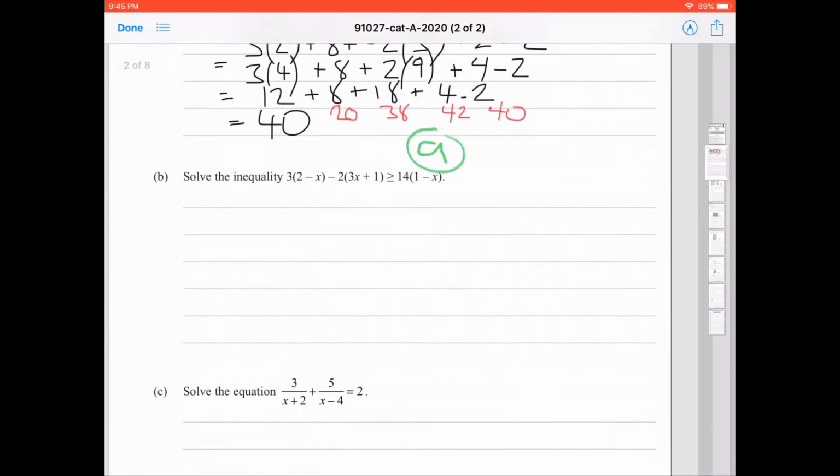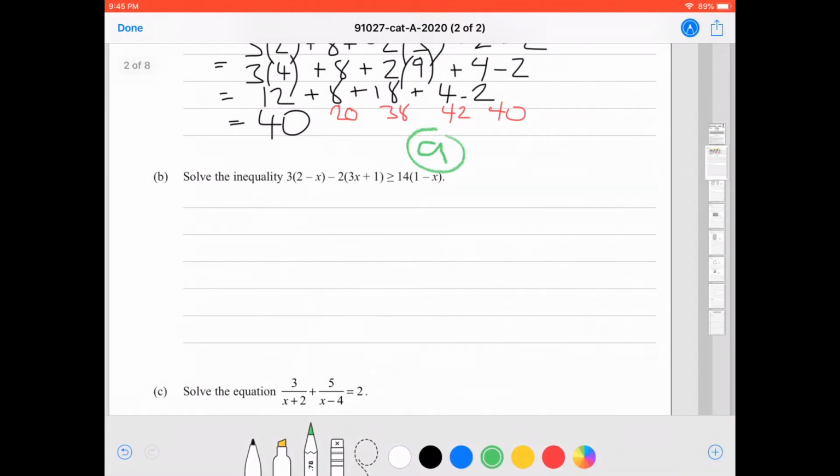Okay, question 1b now. We've been asked to solve the inequality 3(2 minus x) minus 2(3x plus 1) is greater than or equal to 14(1 minus x).